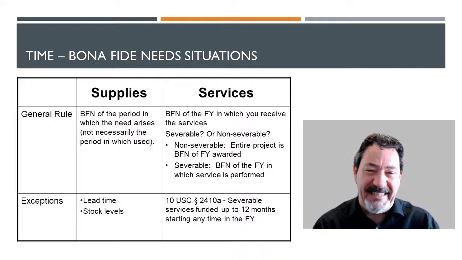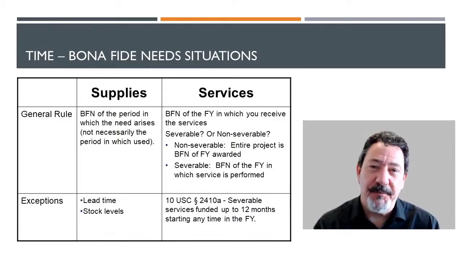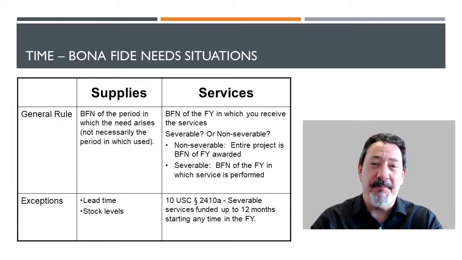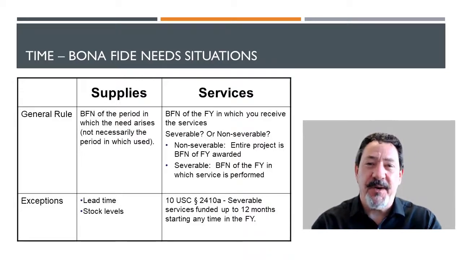If I know I need this item in October, which is next fiscal year, but it takes the manufacturer 2 months to build it and ship it, then I can purchase it. I can obligate the prior fiscal year money because the need really arose in the prior fiscal year to get it on contract in order to meet my October requirement. Okay, so it's when does the need arise, not when is the need satisfied.